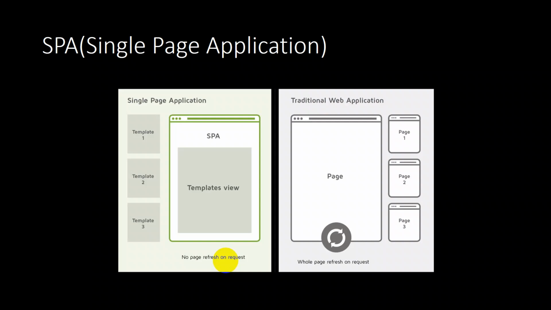Now let's move toward the multi-page application, which is also known as the traditional web-based application. What do you mean by multi-page? The name itself refers to it: multi means more than one page can be loaded at a time. So the whole page refreshes on the request. These applications are larger and bigger than SPAs because they need to be. Due to the amount of content, these applications have many levels of UI.